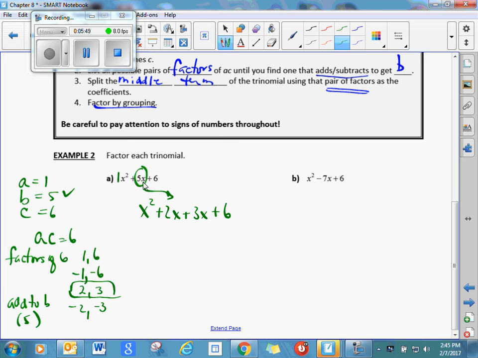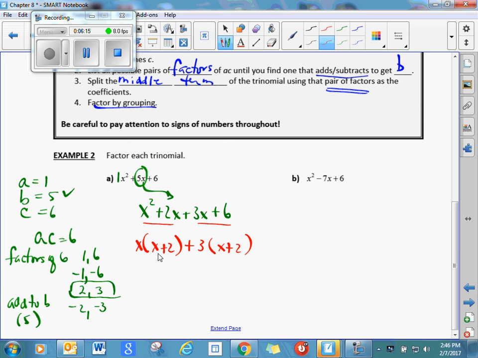But what I've done now is I've created 4 terms. And we can factor these by grouping, which was what we did in the last lesson. So if you look at these two and you look at these two, and you factor out what's in common, that leaves you with this for the first 2 terms, and it leaves you with this for the second 2 terms.